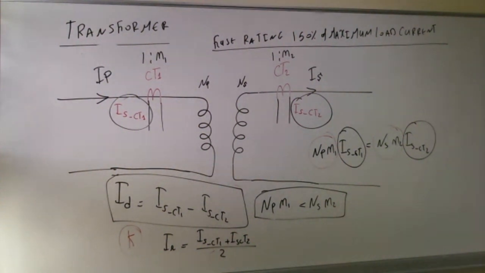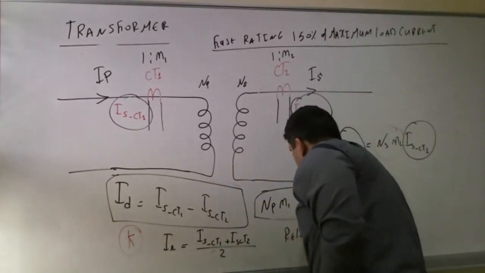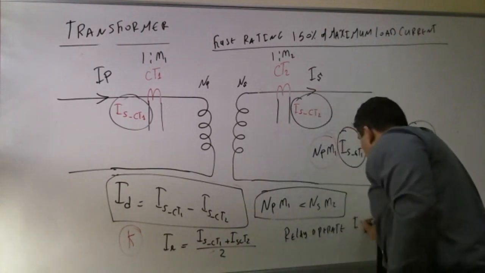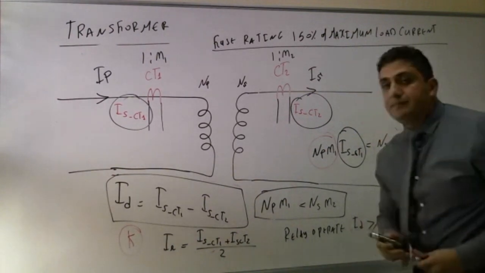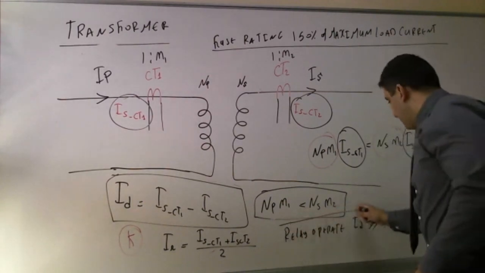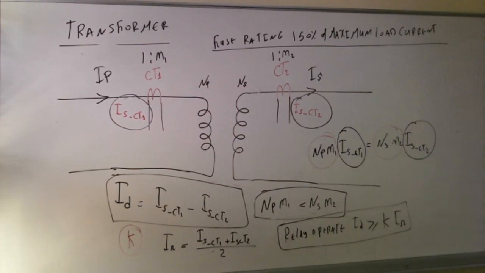So now the relay will only operate when ID is bigger than or equal to K times IR. This is the condition of operation of a relay. That's why there's always a margin.